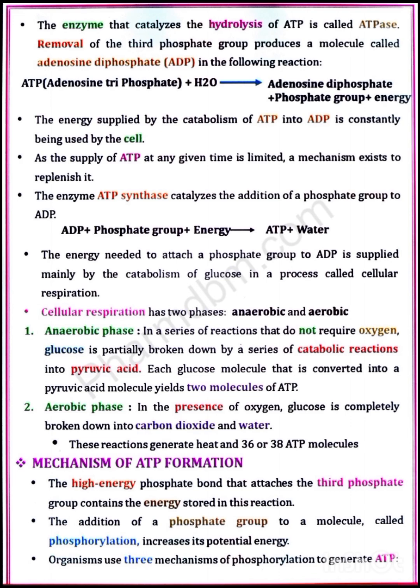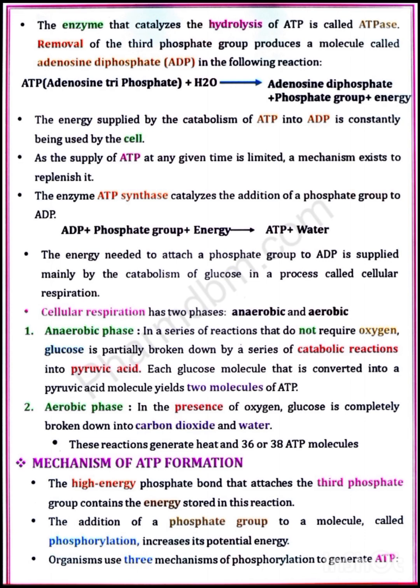process called cellular respiration. Cellular respiration has 2 phases: anaerobic respiration and aerobic respiration. Anaerobic respiration is a series of reactions that do not require oxygen. Glucose is partially broken down by a series of catabolic reactions into pyruvic acid.